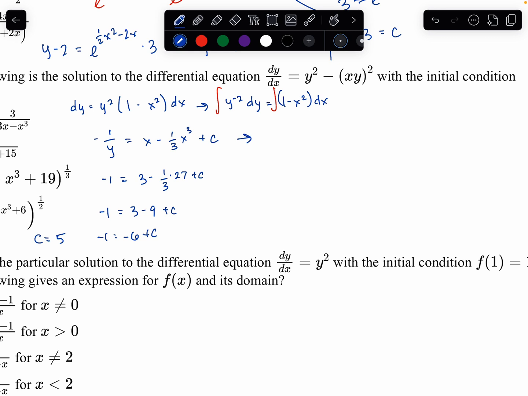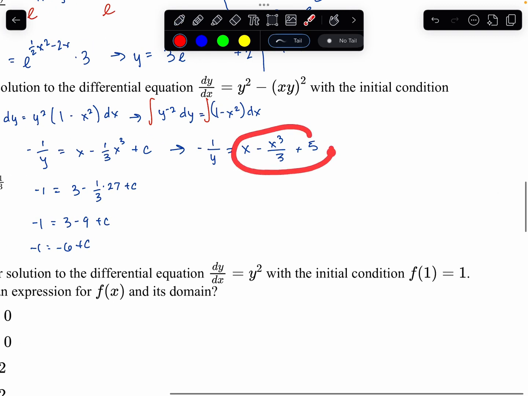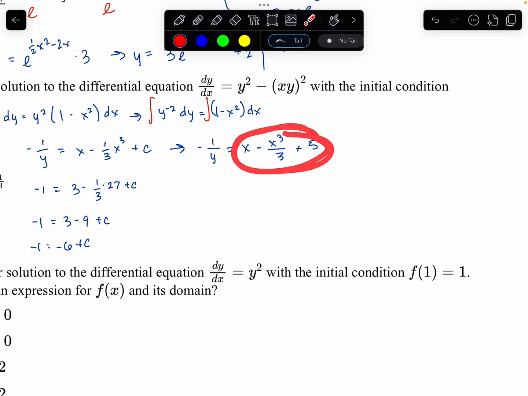Okay, and then this will be negative 1 over y equal to x minus x cubed over 3 plus 5. So here's how I'm going to solve for y. I'm going to get a common denominator here, because right now I just have this as a fraction, and that will allow me to just use the reciprocal of both sides.